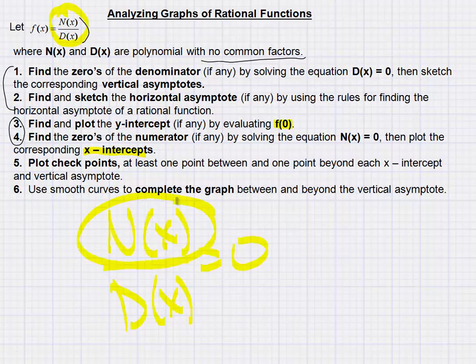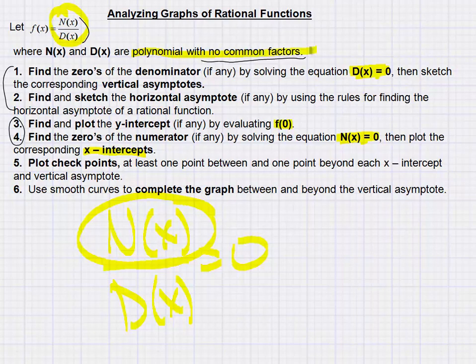So if I want to find the x-intercepts, all I really have to do is let the numerator equal 0. Now don't confuse that with finding where the denominator equals 0. That means 2 different things. Denominator equals 0 is going to be your vertical asymptotes. Numerator equals 0 is going to be your x-intercepts. And all this is on the premise that there are no common factors.